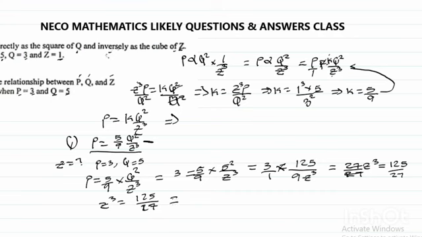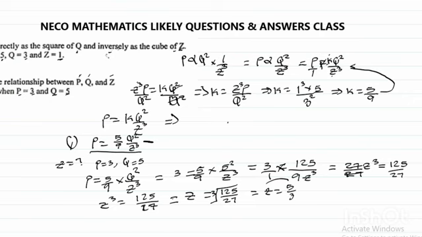When you take the cube root of both sides, the cube root of 125 is 5, and the cube root of 27 is equal to 3. So now our z is equal to 5 over 3.